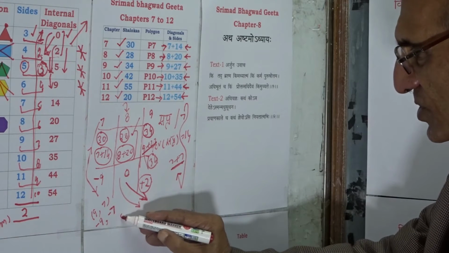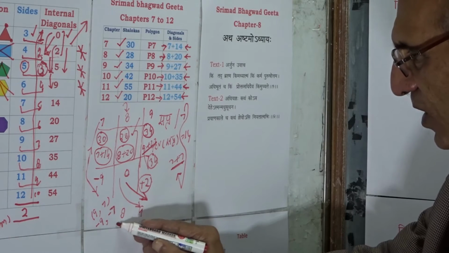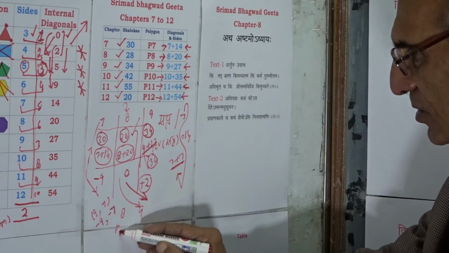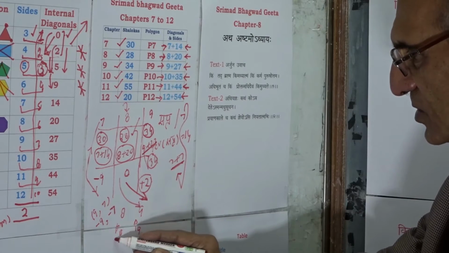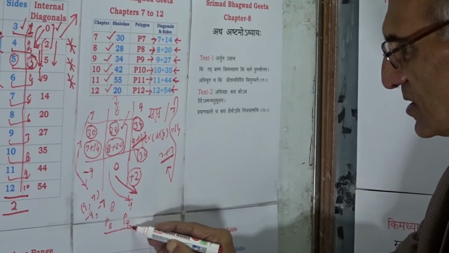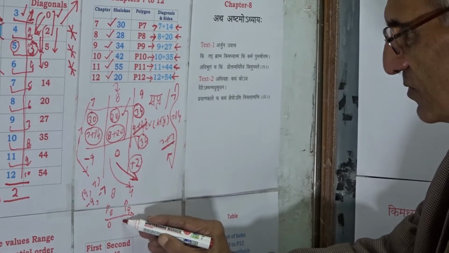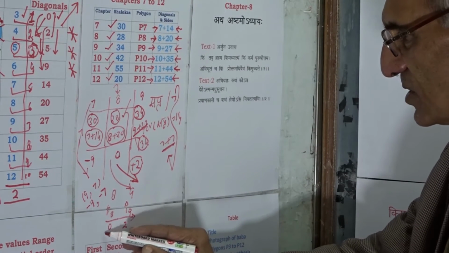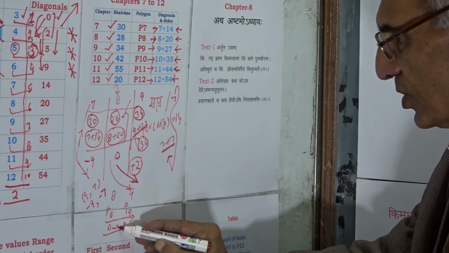Therefore, when we reach from chapter 8 to chapter 9 on the format of P8 to P9, we see that there is going to be an increase of value. Here the difference value is 0, here the difference value is 2. That means there is an increase of value from 0 to 2.